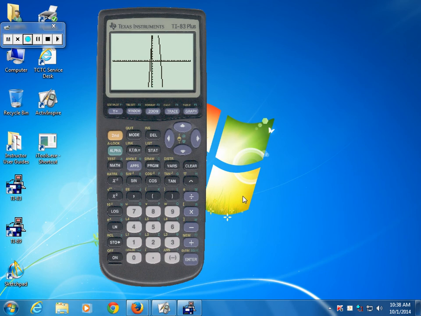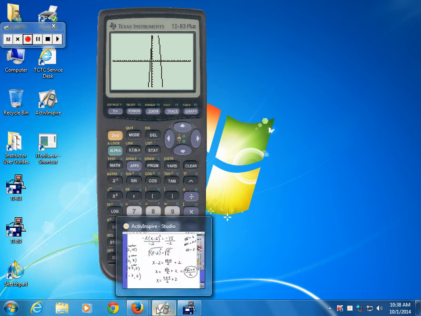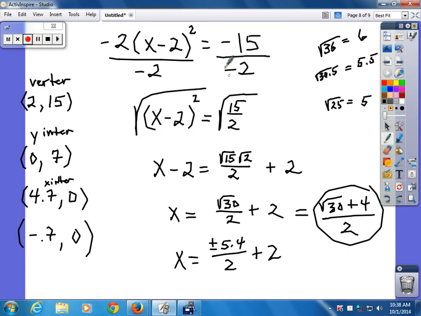Yeah, I got the vertex on the wrong side. That's what I thought. And that's what the calculator's for, people. So let me go back and see that vertex is not right. Wouldn't that become positive? Because a negative over a negative makes it positive. No. Right here.